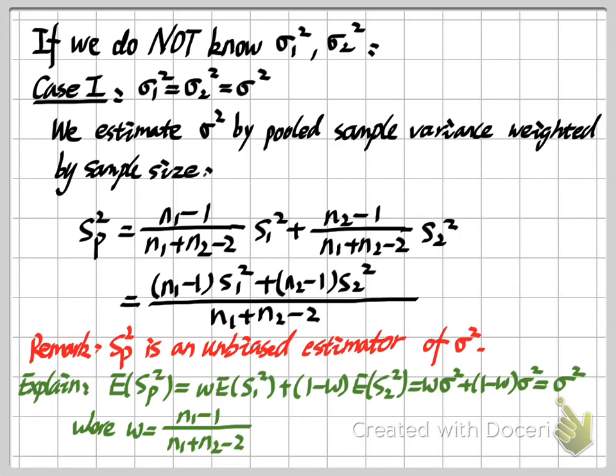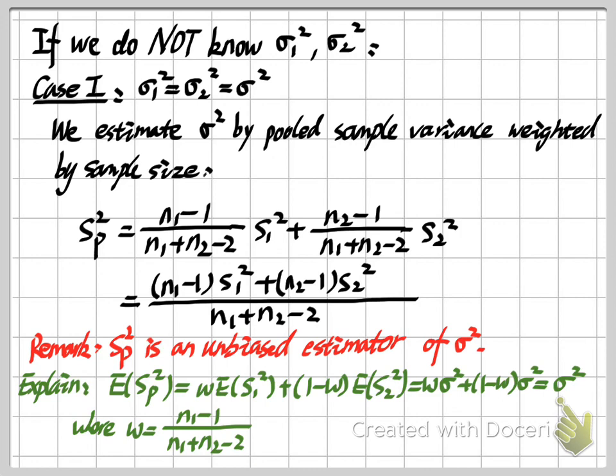By some calculation, because we know the sample variance is an unbiased estimator of our population variance, the mean of S1 square, E of S1 square, is equal to sigma square. This is the same for our S2 square. So by some calculation, we know E of S square P is equal to our sigma square. So we can conclude S square P is an unbiased estimator of our sigma square here.